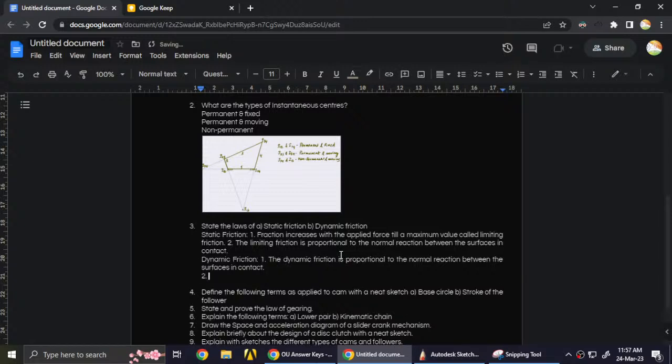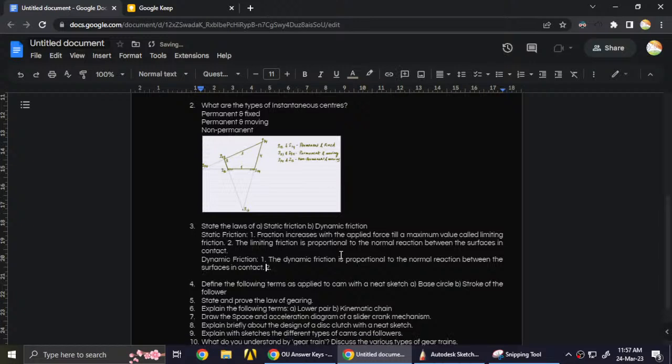And second law, you could say the dynamic friction is lesser than the static, or say not static, it's the limiting friction.